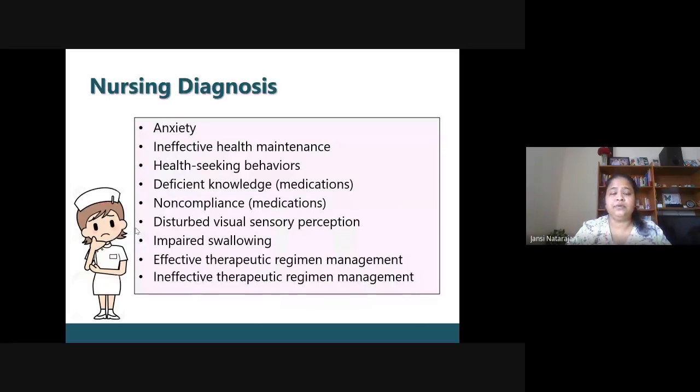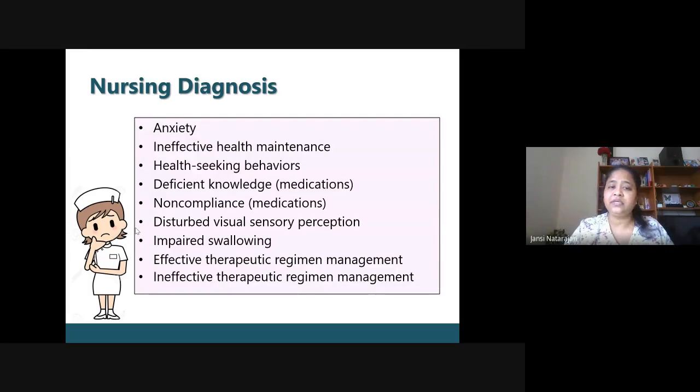Okay. So what are some of the nursing diagnoses? These nursing diagnoses are for all injections and everything. So when we think about injection, what comes to our mind is anxiety, I feel, because anybody is scared to take an injection because it is painful. And most of the time, there is ineffective health maintenance, okay, once they are not taking care of themselves, then we need to give all injections and medications.